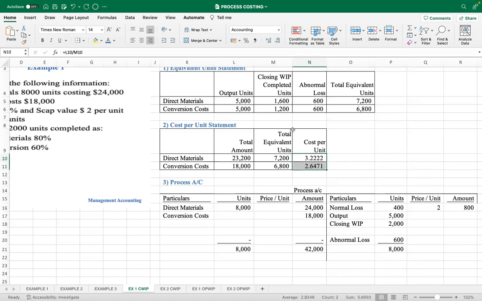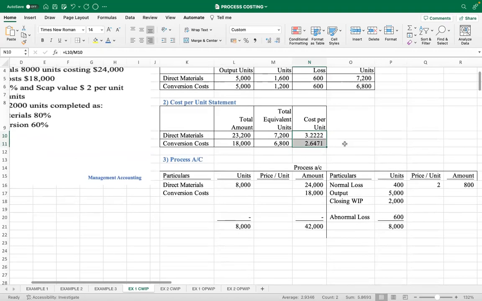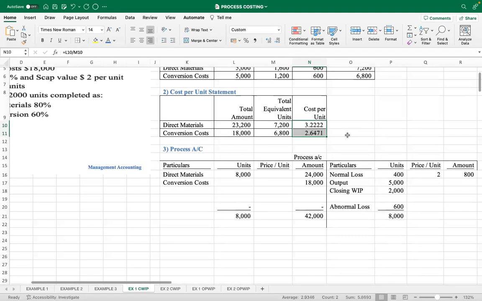If he has told you to round to 2, you round to 2. If he has told you 3, you round to that. If he has told you 4 or 5, you round to that. But I've decided to round to 4 decimal places.